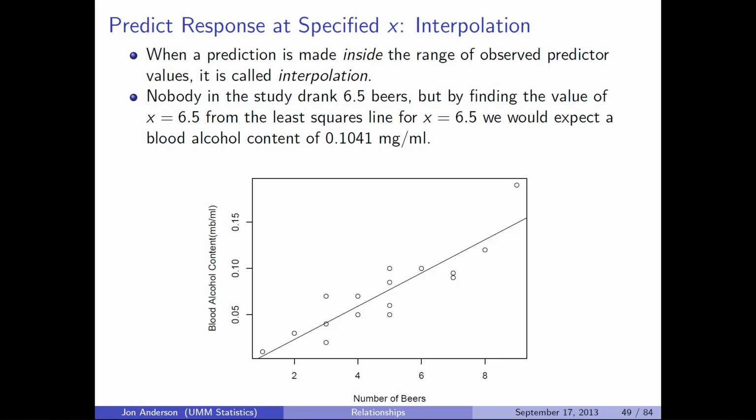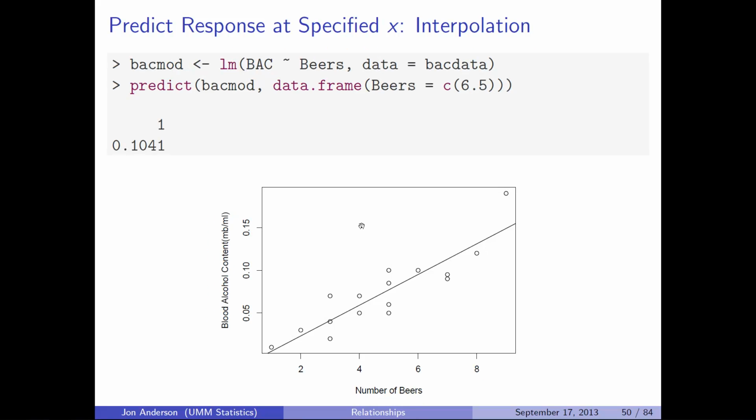We could use the mathematical structure of the line to predict what the blood alcohol content would be out here at about 6.5 beers, even though we really don't have any data exactly at 6.5 beers. If we use the least squares line to project this, we get about a 0.10 alcohol level, and you can see that's a pretty reasonable projection for 6.5 beers.